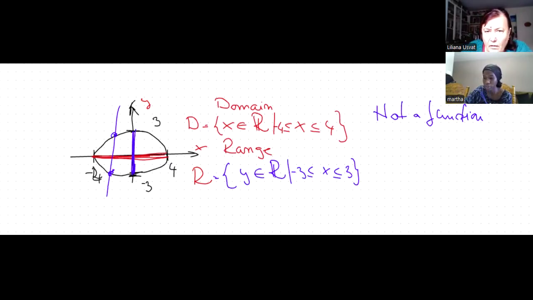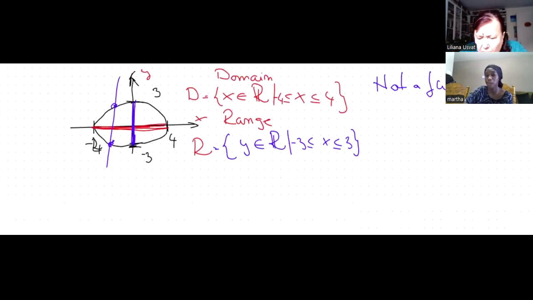Let's go to number 2. Write each function in mapping notation. Then for each function, determine f of -1. So number 2.